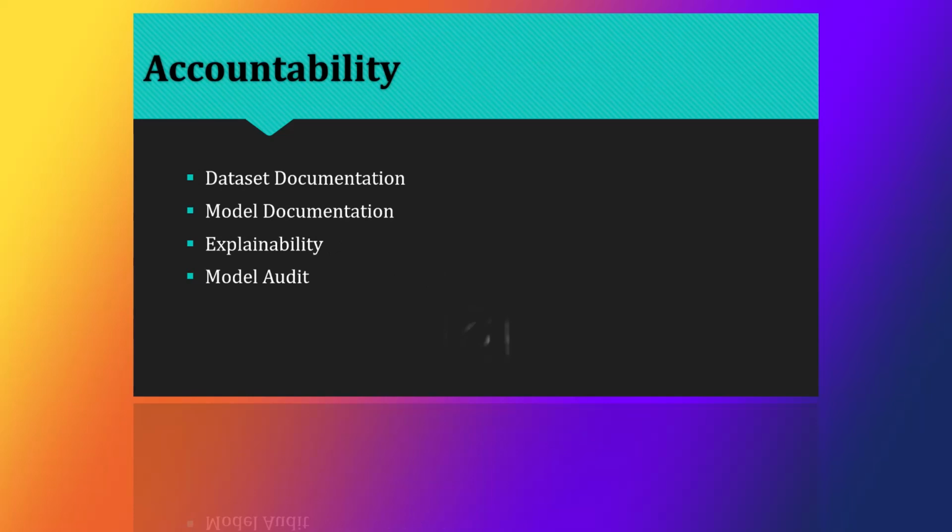And then when we come to accountability, everything should be accountable. So there should be a model audit, and there should be dataset documentation, why everything is done, and model documentation, how the model is built to achieve the specific purpose, and explainability. The model should be explainable or interpretable enough, how the system is coming to a decision, or the model is getting the output.